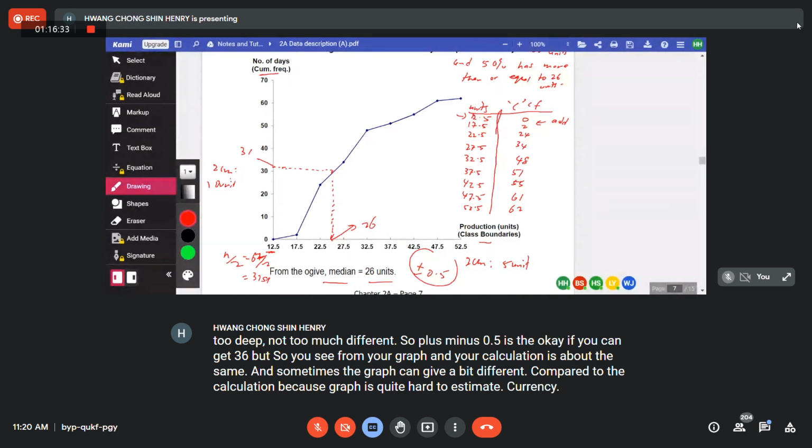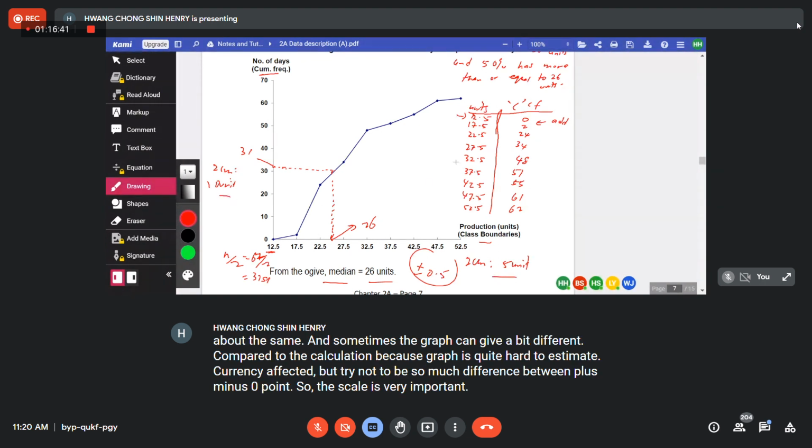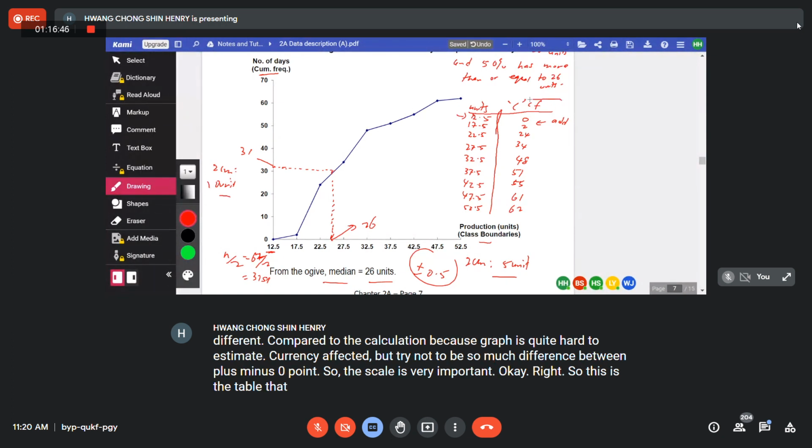Accuracy will be affected. But try not to have too much difference, stay within plus minus 0.5. So the scale is very important. Okay? Right. So this is the table that you all need to fit, the upper boundary versus the less than CF. Start from 0.